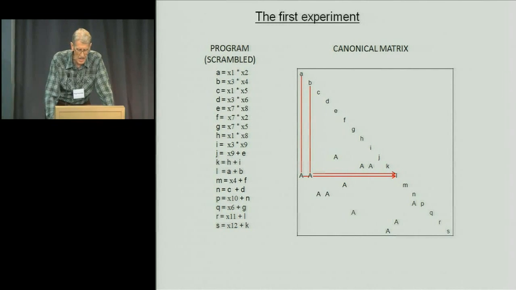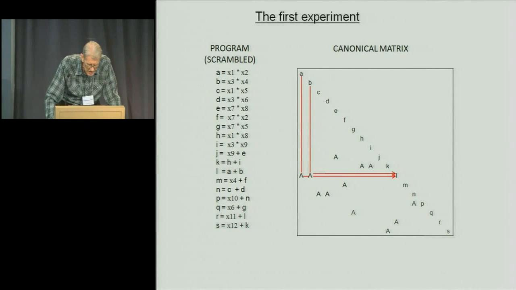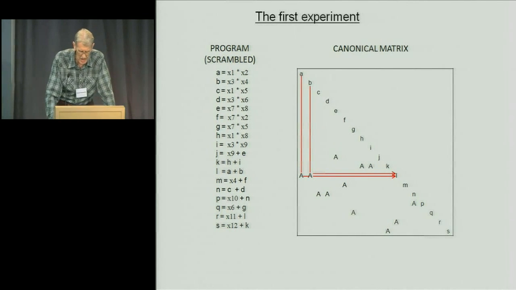And in the lower triangle of the matrix, I have listed the arguments of each function indicated with an A. For example, the variable L is equal A plus B. So L is a function of A plus B. And you can see that there are two A's under A and B in the row of L. That indicates a dependency, which is precisely a predecessor relationship in the partial order.